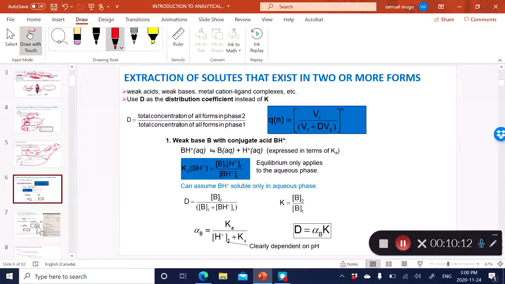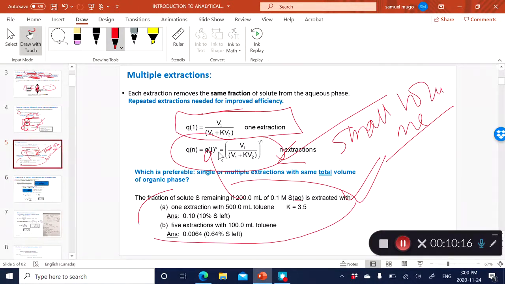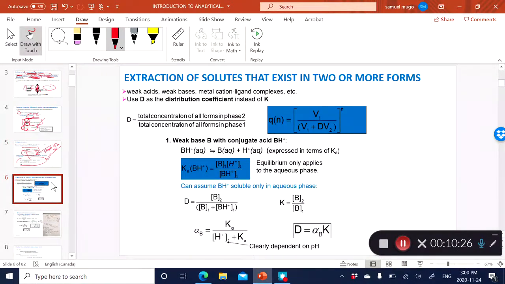Now, until now, you can see our extraction efficiency equation here is based on this thing that I'm calling partition coefficient. But you're going to realize that life is not as simple as that. Sometimes you've got compounds that actually change their form when you dissolve them in water. Of course, we've already done this.